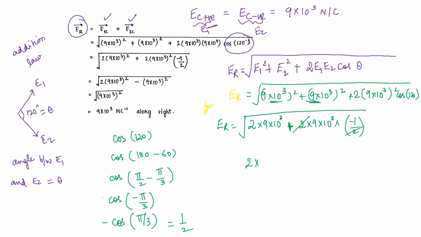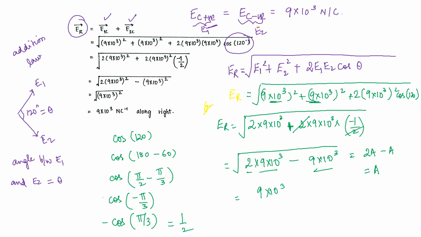Now 2 into 9 into 10 to the power 3 minus 9 into 10 to the power 3, under the root. So what is the value of 2a minus a? It is simply a. So it will give us a value of 9 into 10 to the power 3.